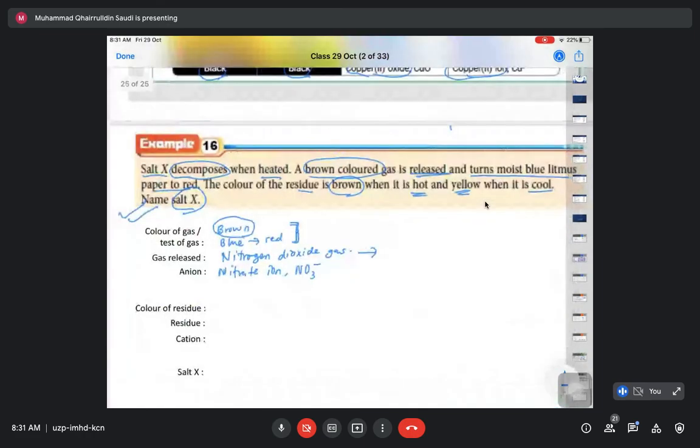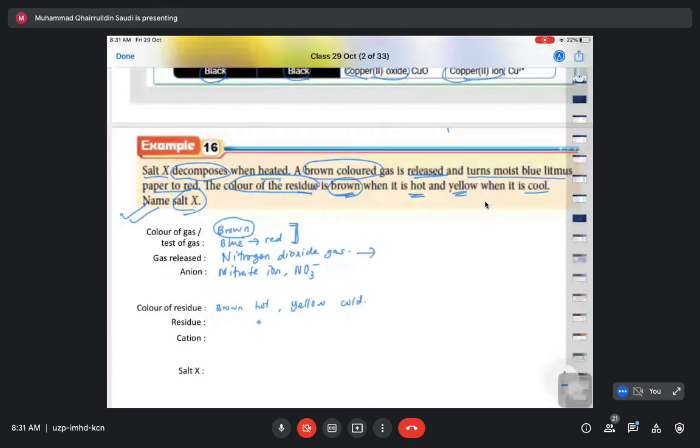Alright, the colour of the residue. Okay, sekarang kita tengok colour of the residue pula. Dia kata colour of the residue is brown when hot and yellow when cold. Brown when hot and yellow when cold ni apakah nama oxide kita? Lead-2 oxide. Good.